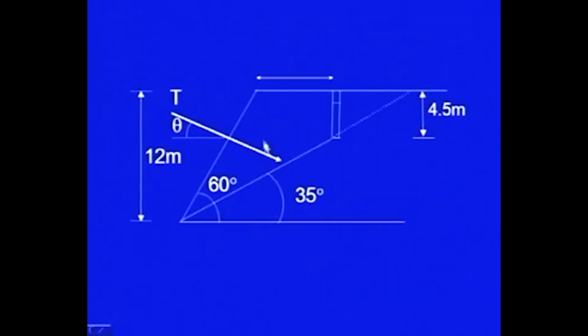And in fact, if you make it inclined further, if this anchor goes in this direction and T will be acting in this direction, then one component of this will be adding to the destabilizing forces. So we will not allow it to go beyond this angle, 55 degrees.